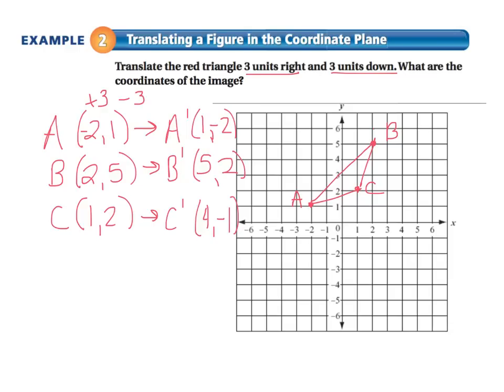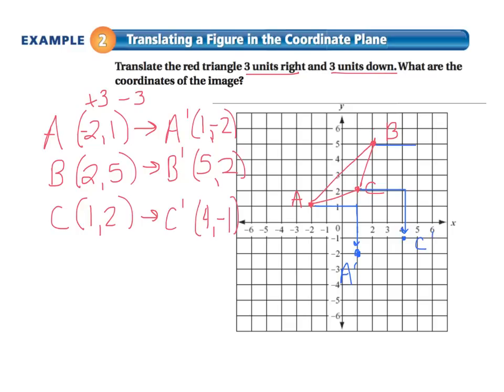So if you graph those, and I'm going to do it in blue, I would move every point right 3, down 3. So A becomes 1, negative 2, A prime. C would go right 3, down 3. That'd be C prime.